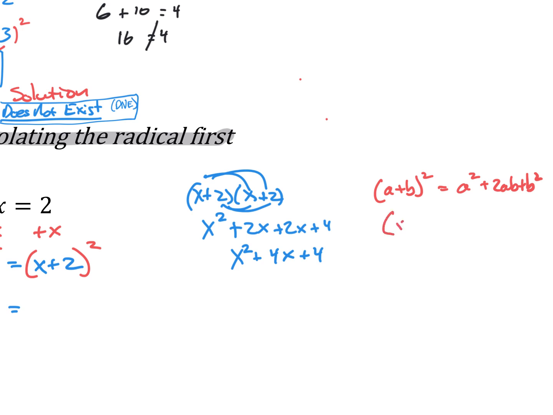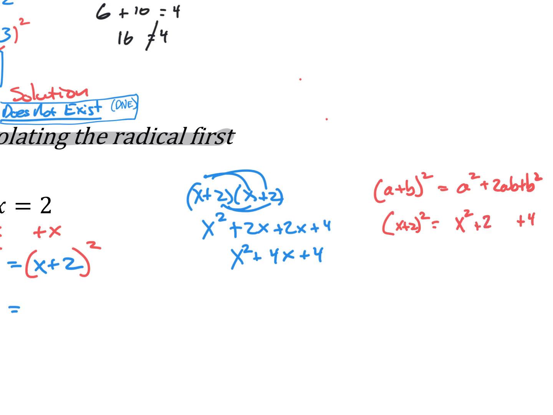So in this case, if we have x plus 2 squared, this rule tells us that we square the first thing. The first thing here is x. We're going to square the last thing, or the second thing, in this case the 2. 2 squared is 4. And then we've got to have 2ab, that's 2 times their product. Well, this is a, this is b, so their product is 2 times x.